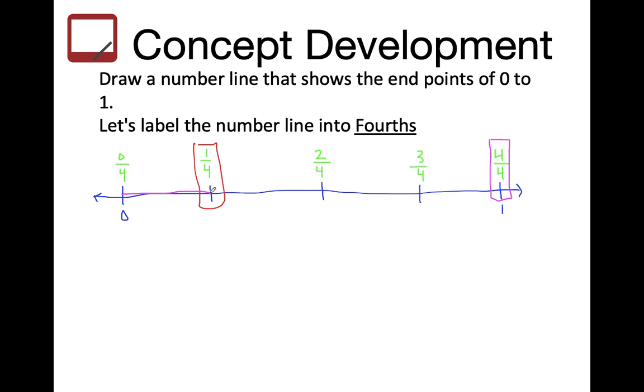It's a much smaller, tinier part than all of 4/4. So if we were to compare these two fractions, if I had 1/4 and 4/4, what we're going to be talking about today is comparing them. And I want you guys to see that 1/4 is smaller than 4/4.